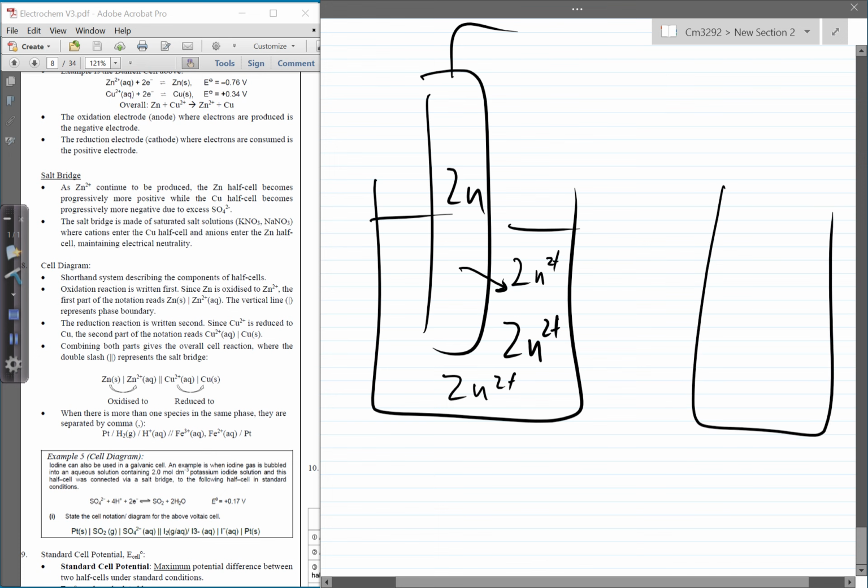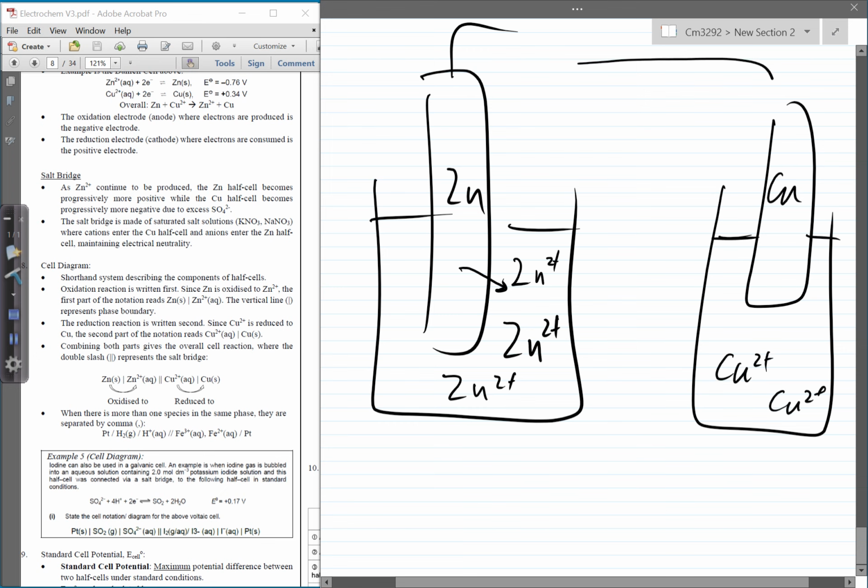Same thing for the copper: you have Cu2+ in your solution, so as electrons flow to this, Cu2+ will become copper, so there will be lesser and lesser Cu2+ here. In other words, there will be net positive charge building up in one half cell and net negative charge building up in the other. Without a salt bridge it will still work, but not for long, because eventually charge buildup will stop it, right?